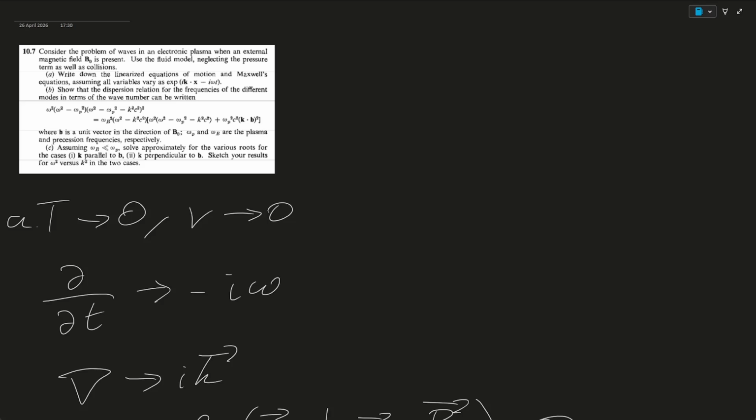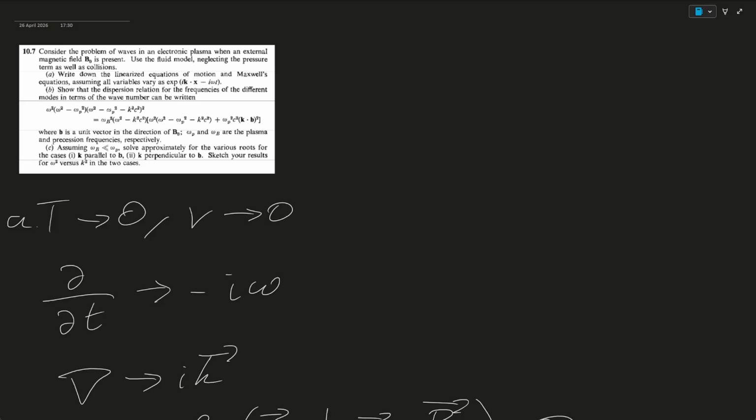Yeah. And then there's case 2, which is where k dot B equals 0. And again, we have two distinct equations. We have an ordinary O wave, which is linearly polarized with E parallel to B naught. This is identical to just an unmagnetized plasma.